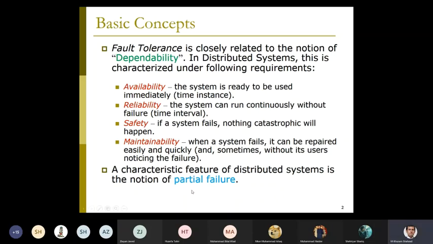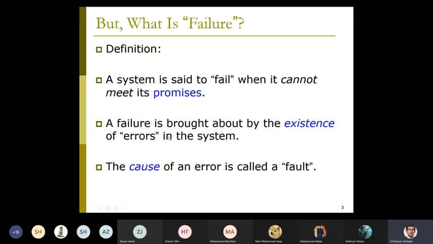As we discussed before, distributed systems are all about partial failure, not complete failure. So what is a failure? A system is said to fail when it cannot meet its promises. One example of a promise is uptime of 0.9%.